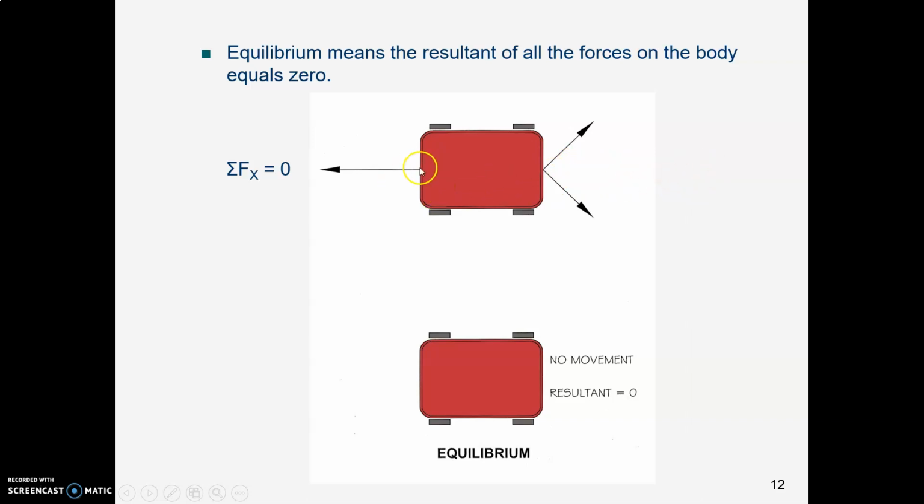Well, if another kid hooks up a rope to the back and pulls with 14.14 pounds in that direction, all those forces in the x direction add up to 0. And what is the result? What is the net effect on that wagon? It is not moving. And you can picture the kids pulling forward and the kid pulling backwards and the wagon just frozen in space there, because it's in equilibrium.